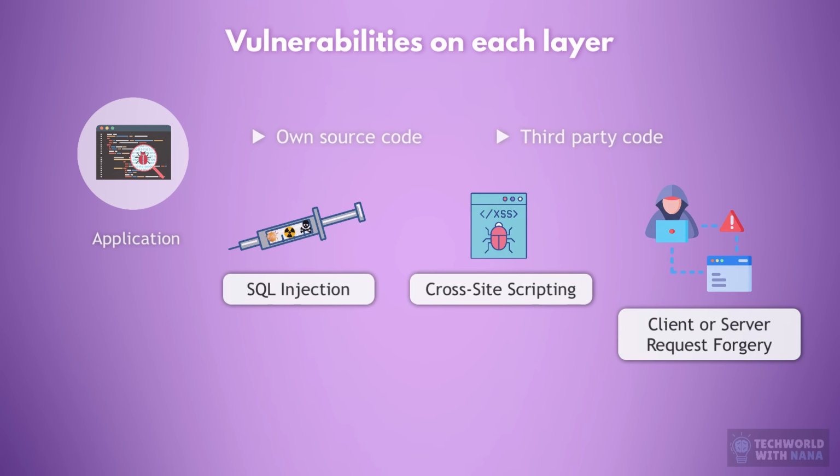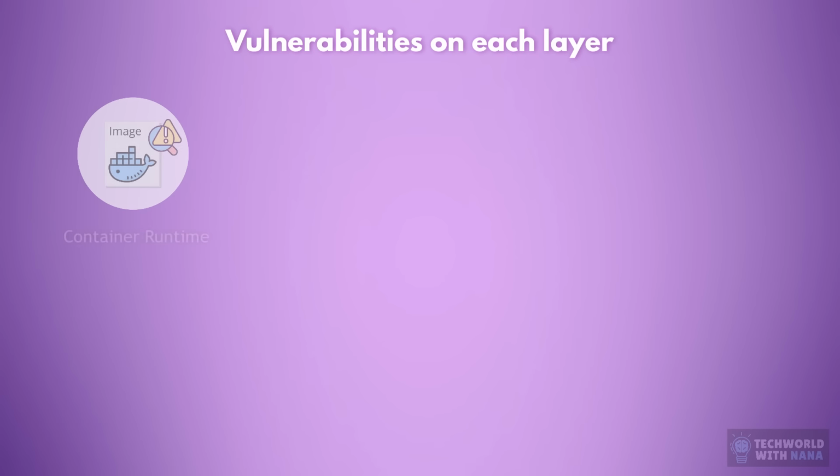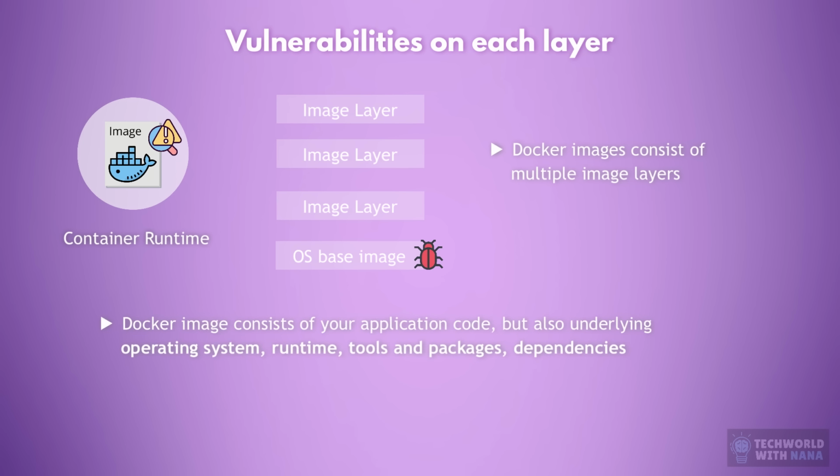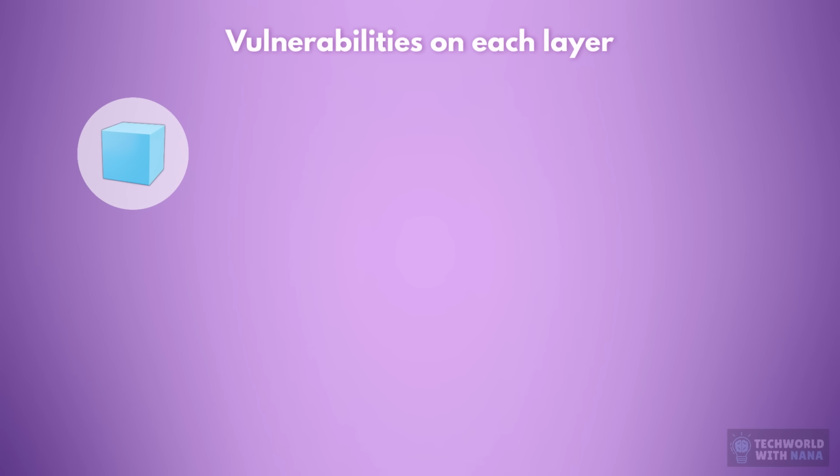Then you may have security issues within your application container image, like the image operating system layer, the image configuration, all these different third-party operating system packages that you may need in that container environment that may have security vulnerabilities. Now that container will have to run somewhere, like a Kubernetes cluster.